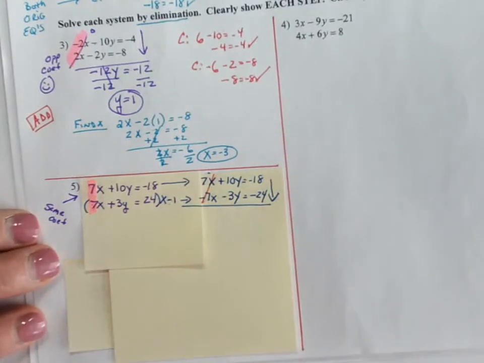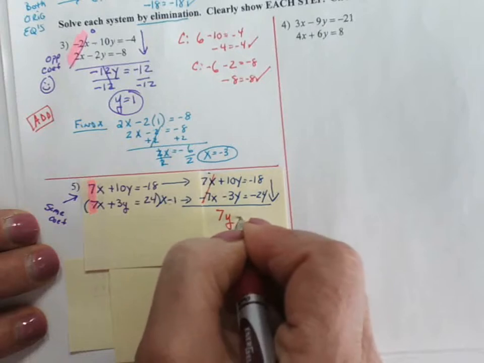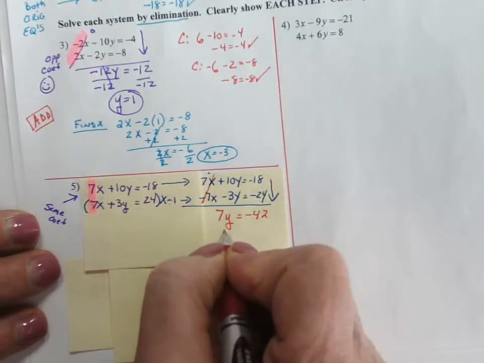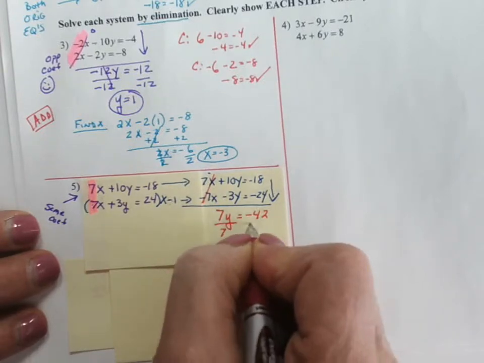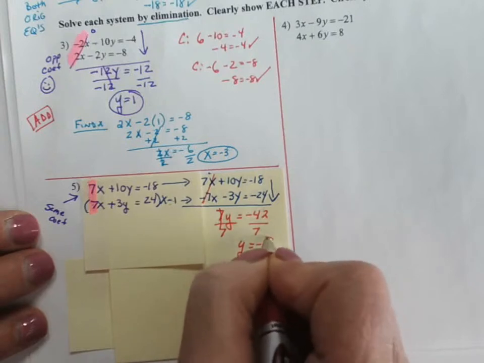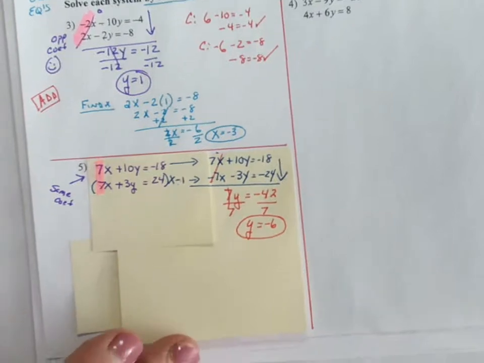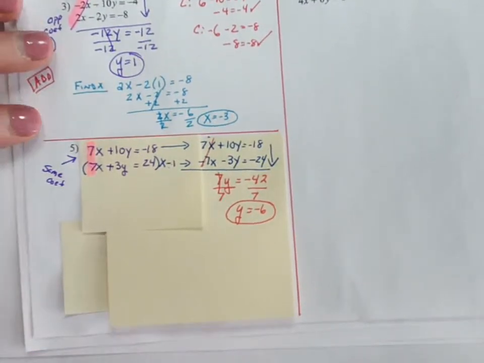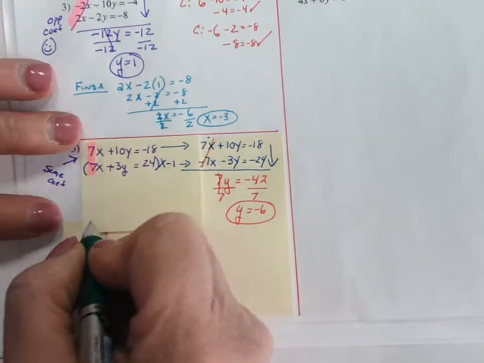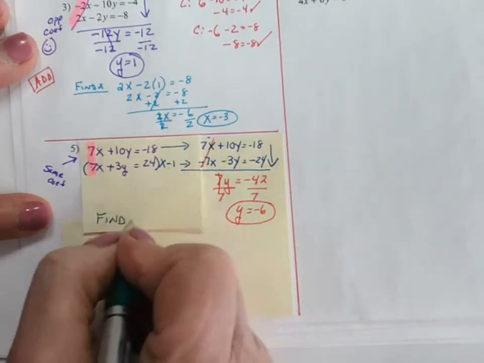The x's are going to cancel out. I'm going to get 7y equals negative 42. Divide by 7, and y is equal to negative 6. Now I need to find x.